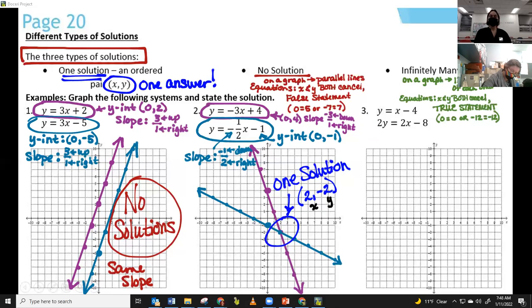Alex, absolutely. It's 1/1. So -4, and then we're going to go up 1, right 1, up 1, right 1, until I can't go any further. Flip it around, go backwards. Grab my straight edge.